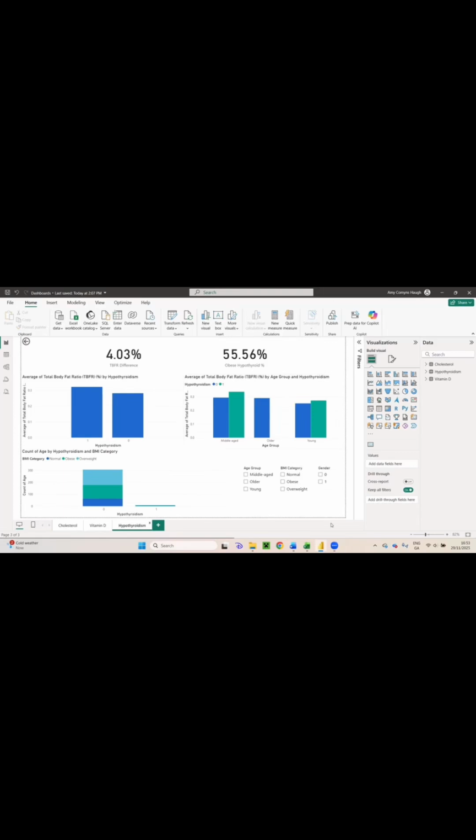And lastly, I have my slicers at the bottom right for interactivity. That is my project. Thank you.